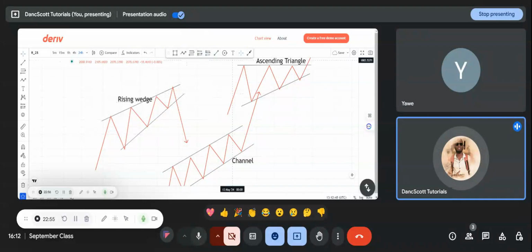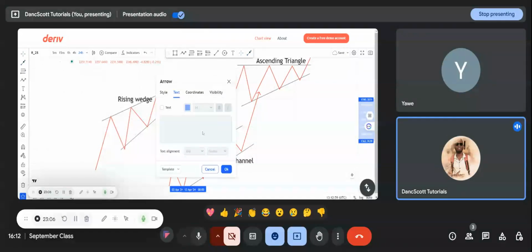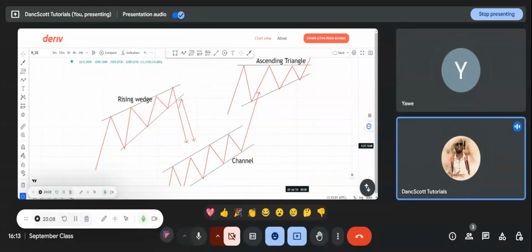Most of the time, you always want to first get a retest, then you make your entry as usual. So this is what you wait for: a retest. If the retest goes back inside the trend line of the rising wedge, then it's a fake breakout.